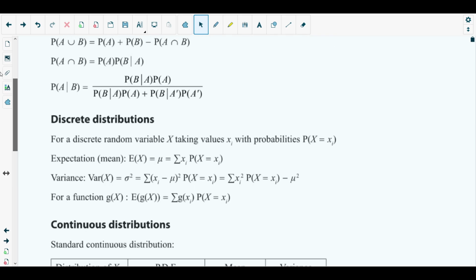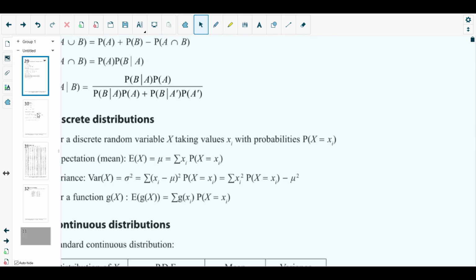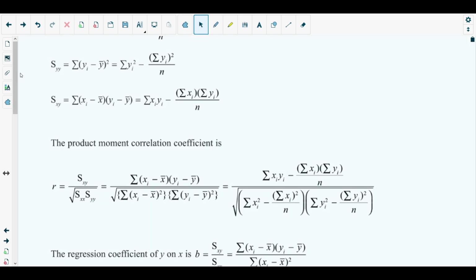Go to statistics S1 part, then you can find this formula for R. This is the formula for the product moment correlation coefficient, PMCC.